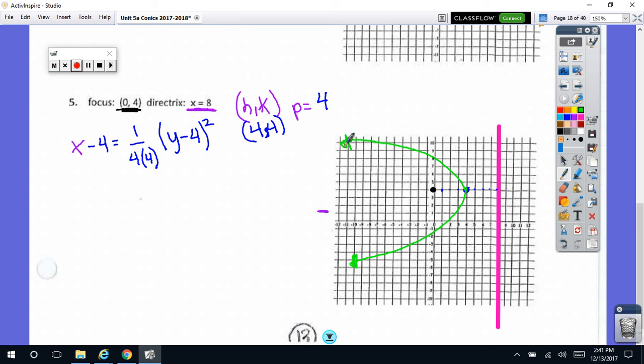Since he has to open this way, he is opening towards the negative, so our fraction will be negative. So our equation is x minus 4, negative 1/16, y minus 4, squared.